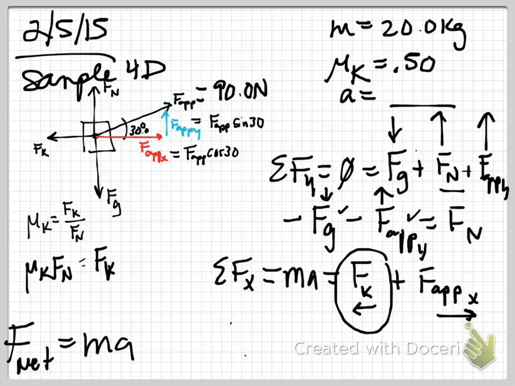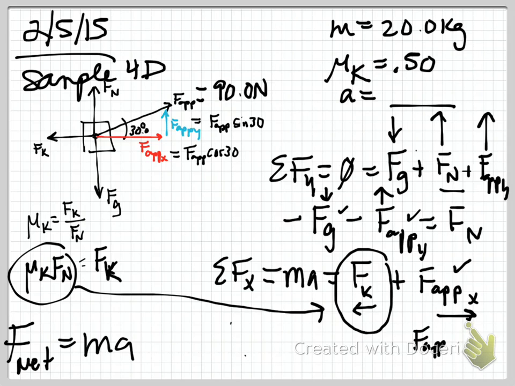So at this point we have an expression for Fk, which will go in here. We have this, the F applied x we said was F applied cosine 30. So the acceleration, well, mass times acceleration will equal mu k Fn plus that. Great. Now we just have to get that expression for Fn and put that in.